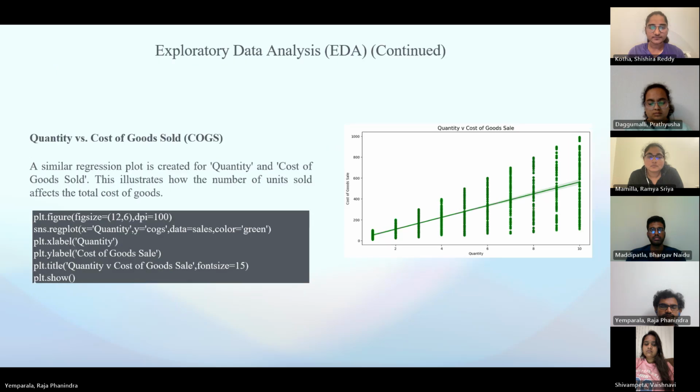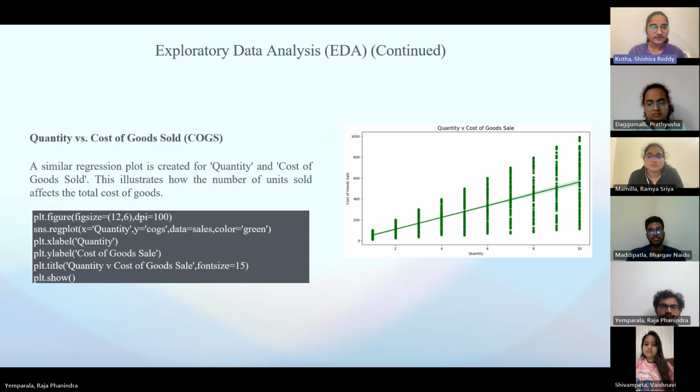Next slide. Coming to the second one, quantity versus cost of goods sold. Here, we plot a regression graph to visualize how the number of units sold affects the cost of goods.